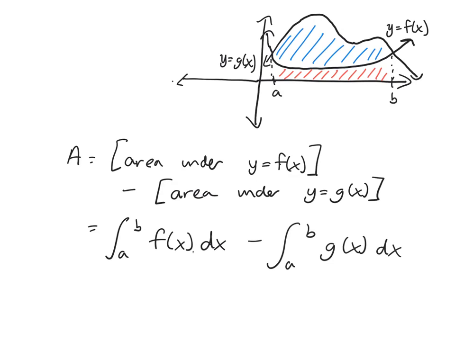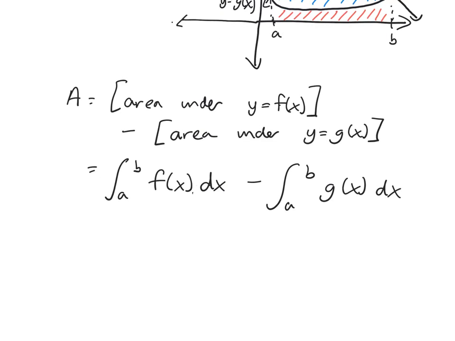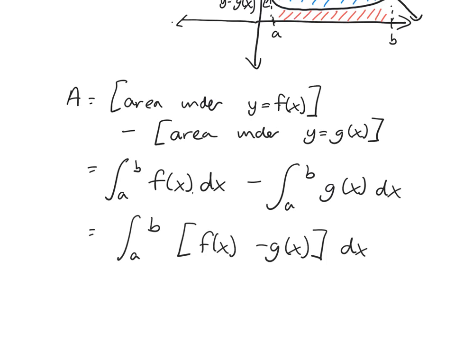These are definite integrals and they have the same bounds of integration, a to b. So I can actually combine them together into a single integral. The integral from a to b of f of x minus g of x. And this is how we're going to compute area between two curves, is this formula right here.